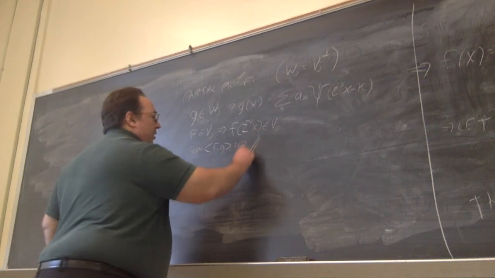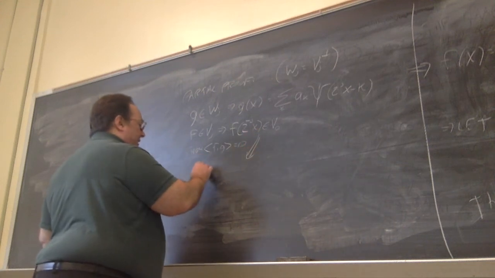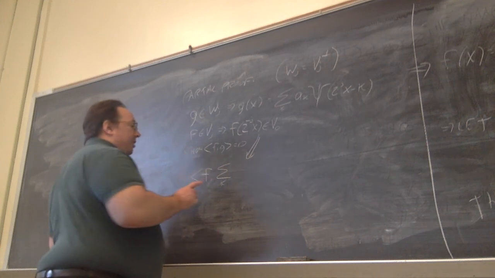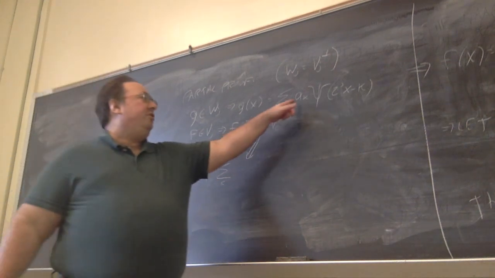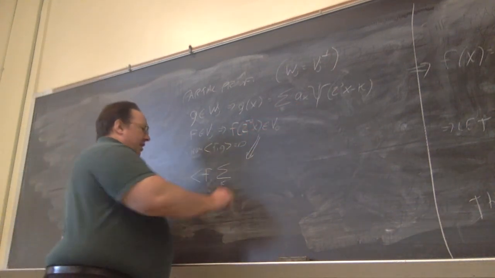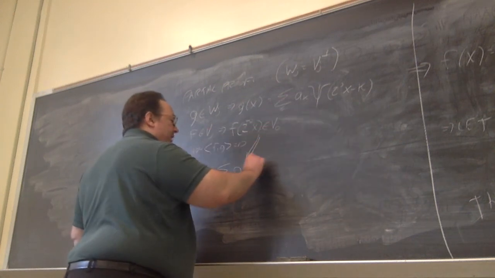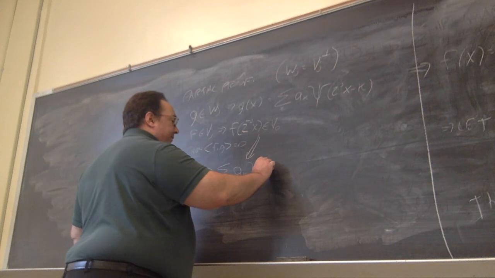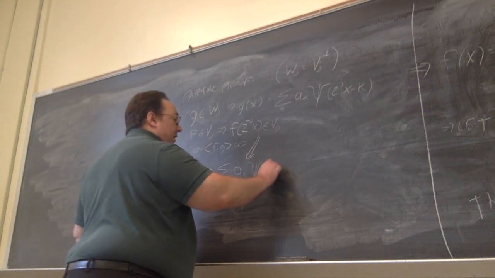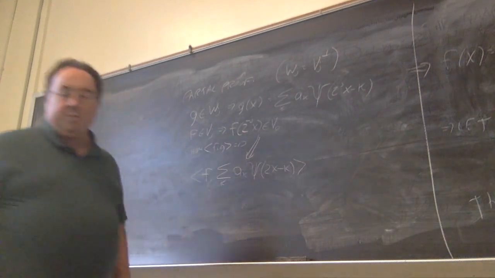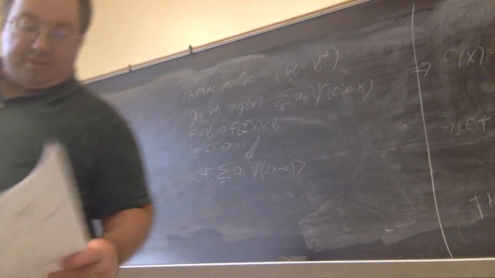So from here I can say that the inner product of f with any linear combination, but for my specific linear combination, I'm going to choose the same coefficients, a_k. But instead of putting these same wavelets, I'll put psi of x minus k.